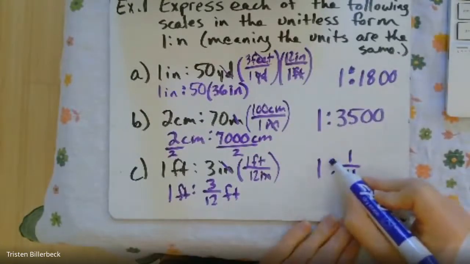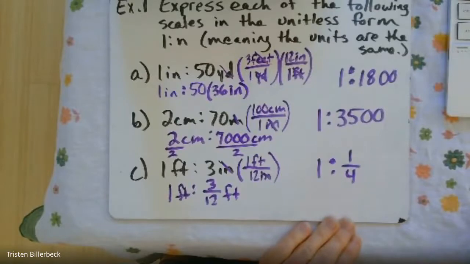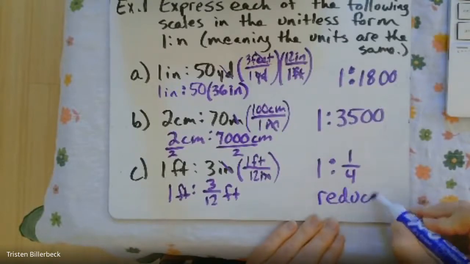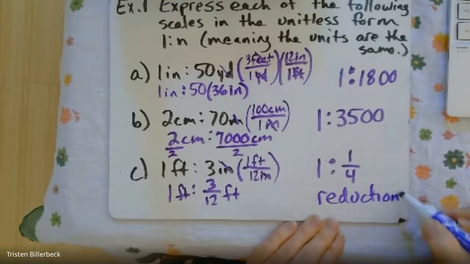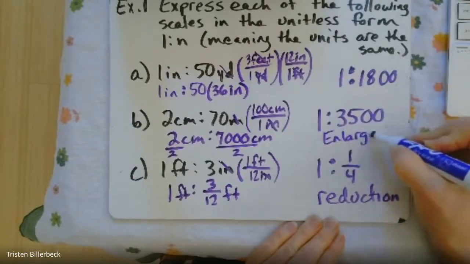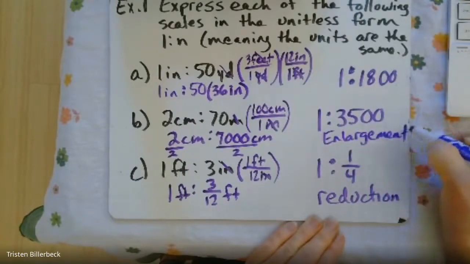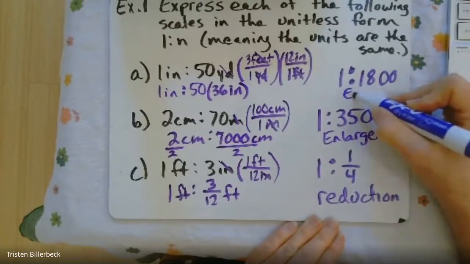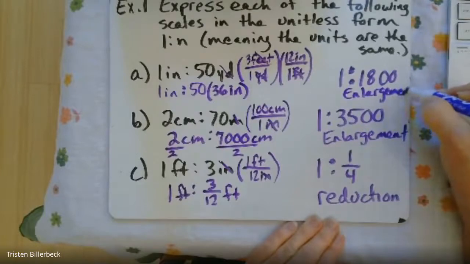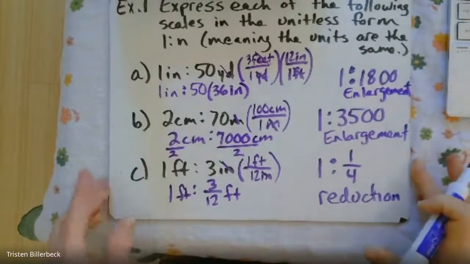So that would be a conversion of 1 to 1/4. Okay, so this would be a reduction. This would be an enlargement. And this would be an enlargement. So there you have it.